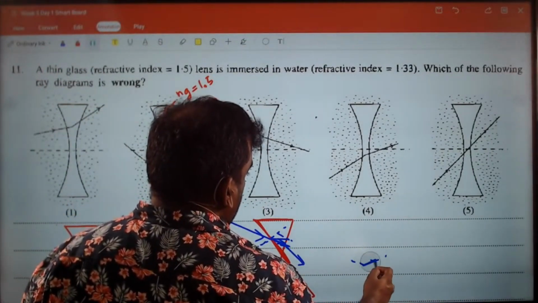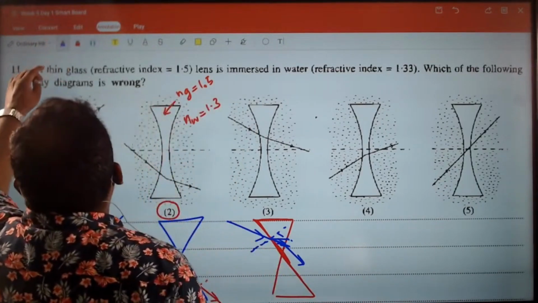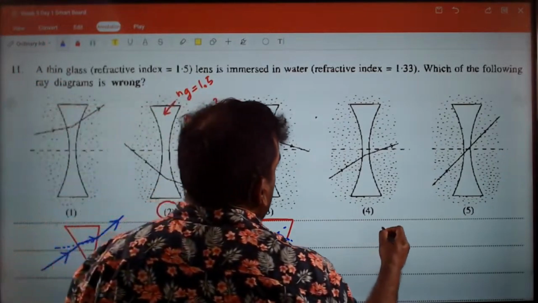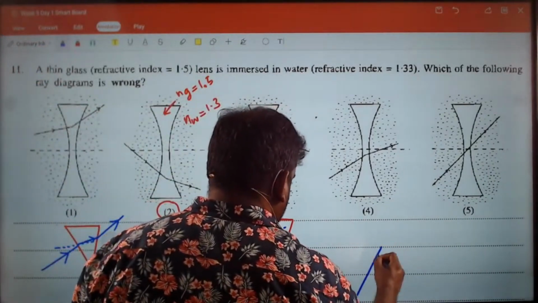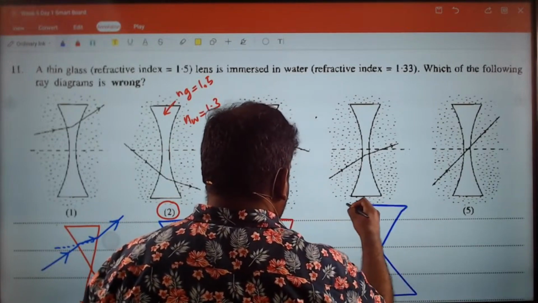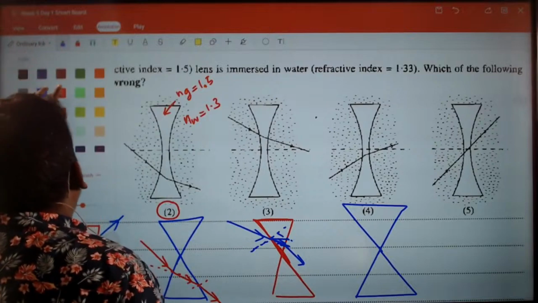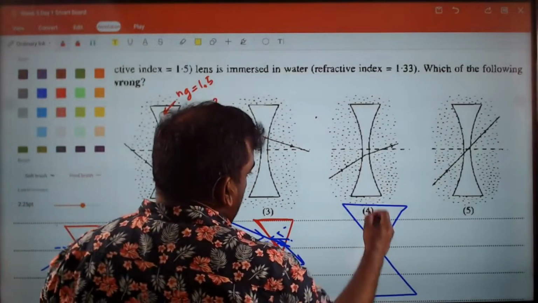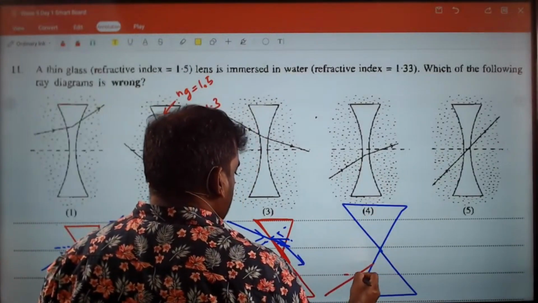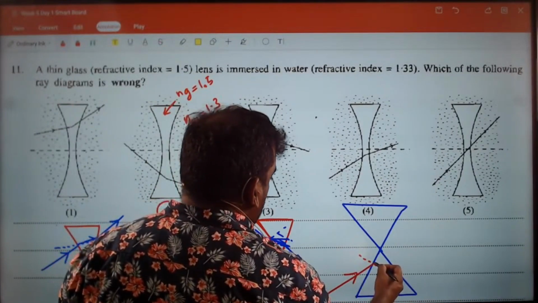Draw this again. Here. Have a look. So the light ray is coming somewhere here. Rarer, denser: towards, a small deviation.